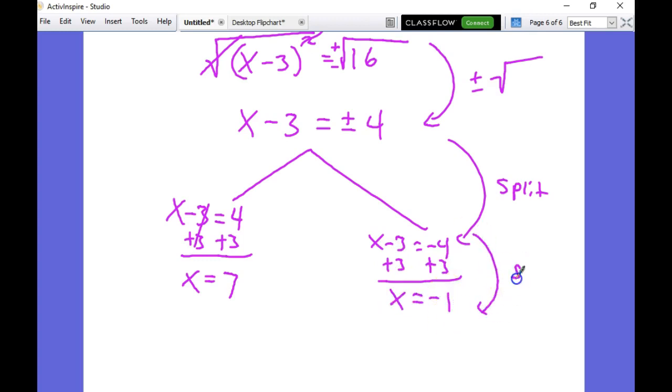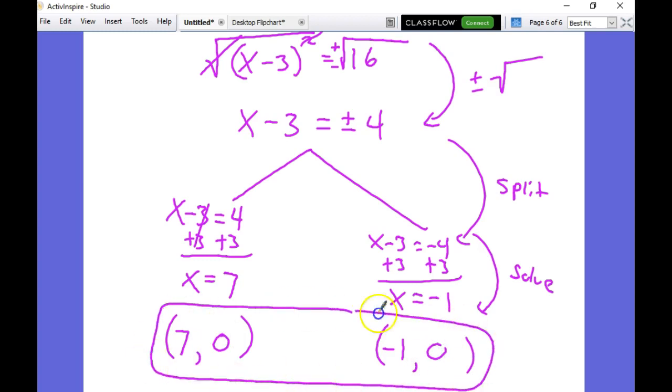So I'll put my last step here as solve. And so your 2 x-intercepts are 7 and negative 1. And what did I plug in for y to get that? Plugged in 0.